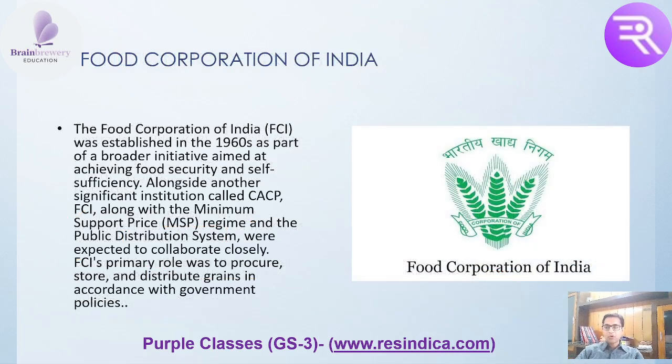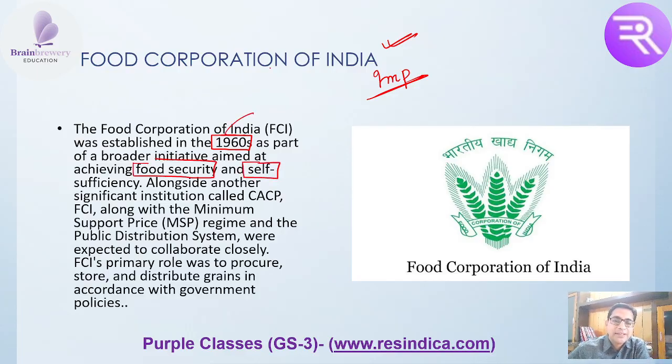Now, the role of the Food Corporation of India is very important in this whole aspect. Now we discuss the FCI. FCI was incorporated and established in 1960, because the government took a very broad initiative to provide food security to the people and self-sufficiency.